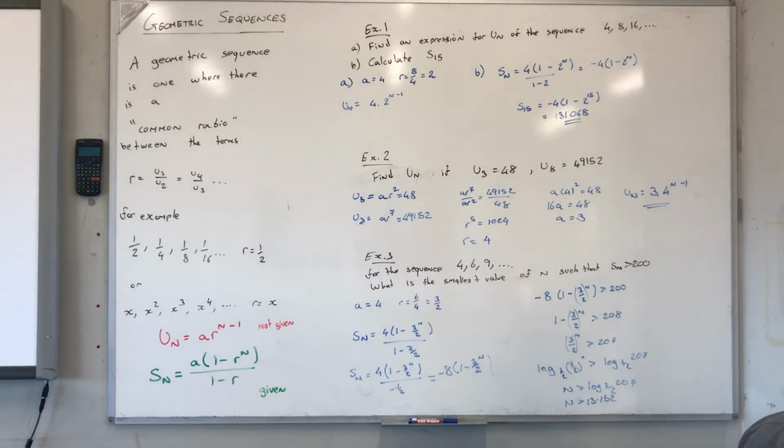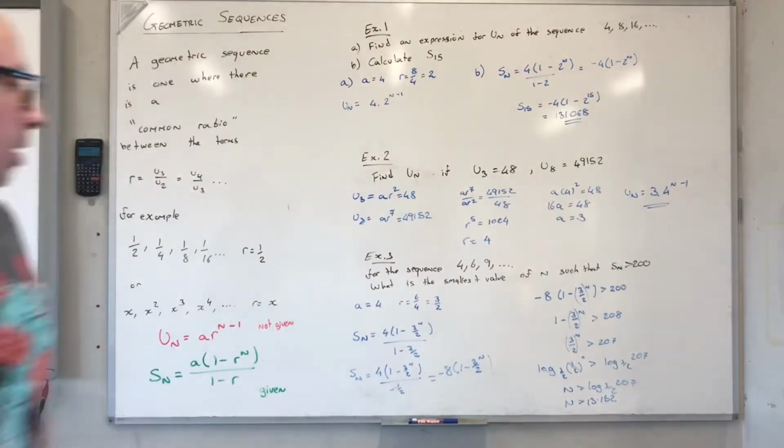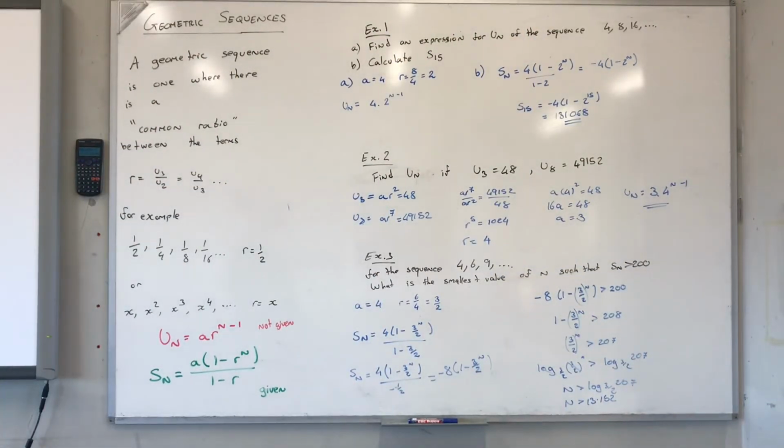I even check the answer in the textbook, decide to ignore it. N has come out as 13.152. What is the smallest value of n such that s of n is greater than 200? Well, at n equal to 13, it is not greater than 200. So the first value of n that is greater than 200 must be 14.